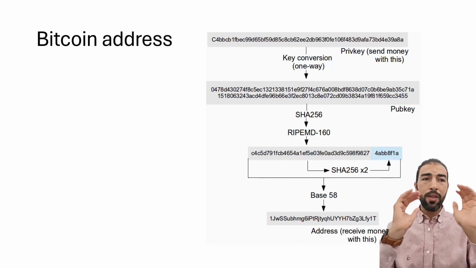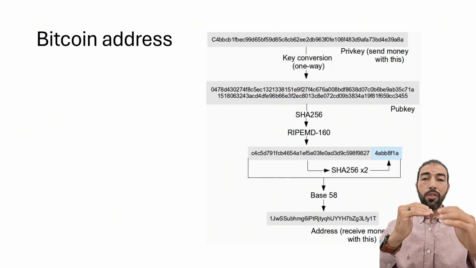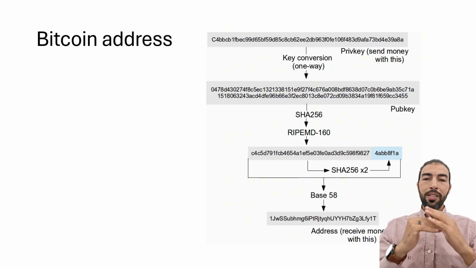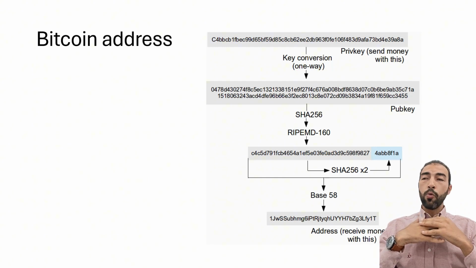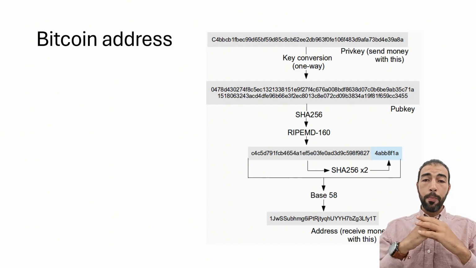Then we take all of it and encode it in Base58. This is all the hashing. Then we get the address. This address, which we can use, is my Bitcoin address, which I can give to anyone to send me Bitcoin. This is for receiving Bitcoin.